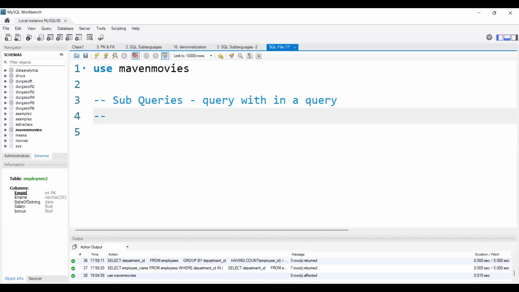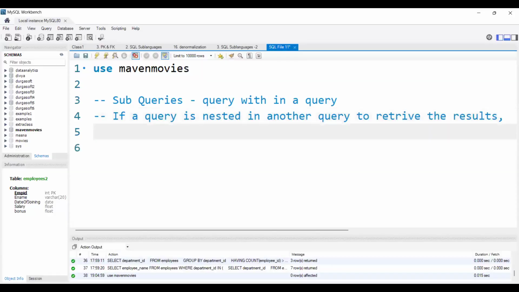If I tell the technical definition of a subquery, it will be: if a query is nested in another query to retrieve the results, that is a query within a query.